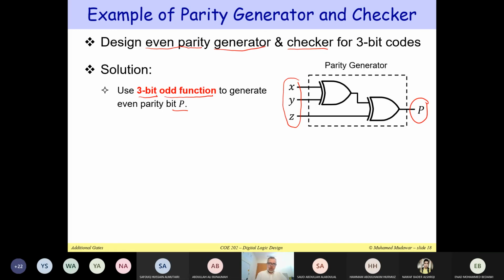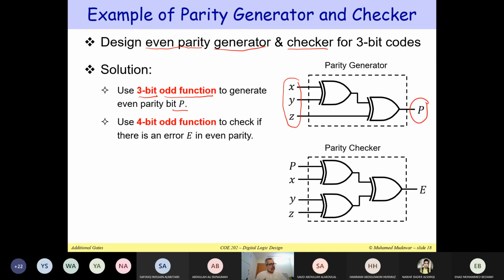The reason why we use an odd function is that if the total number of ones in XYZ is odd, then the parity bit will also be 1, so that we make the total number of ones, including the parity bit, even. That's the solution for the parity generator.